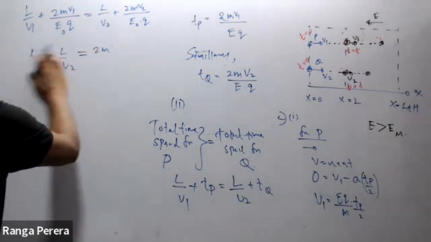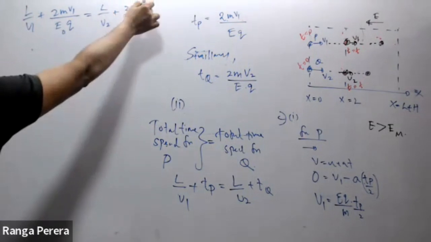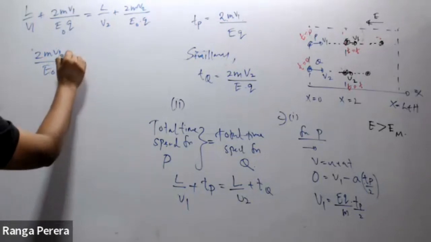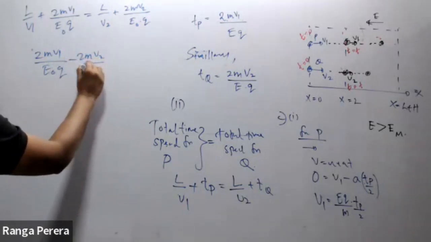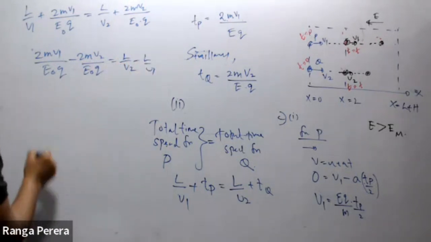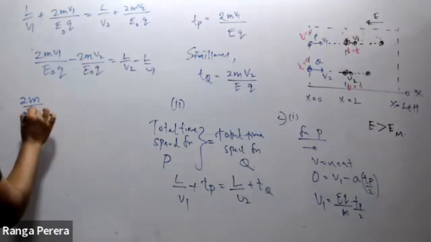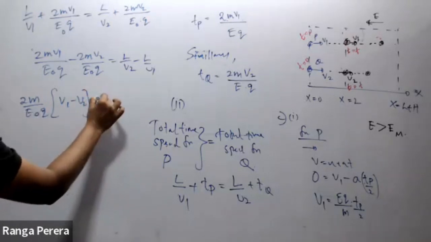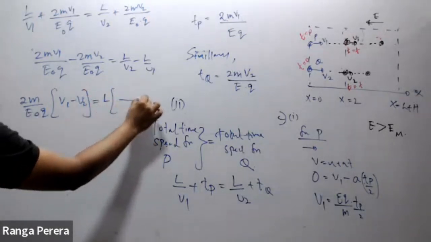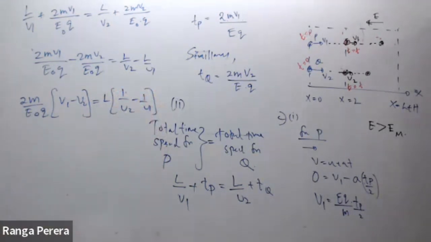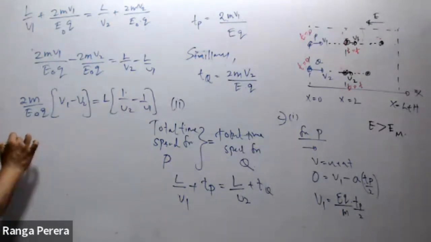I will take the other way because I know that definitely V1 is greater than V2. 2m V1 divided by E0 into Q minus 2m V2 divided by E0 into Q equal L divided by V2 minus L divided by V1. 2m divided by E0 into Q, V1 minus V2, equal L, V2 minus V1 over V1 V2.